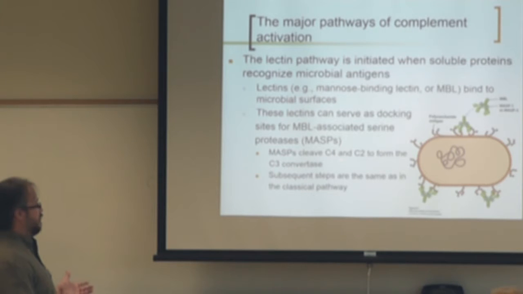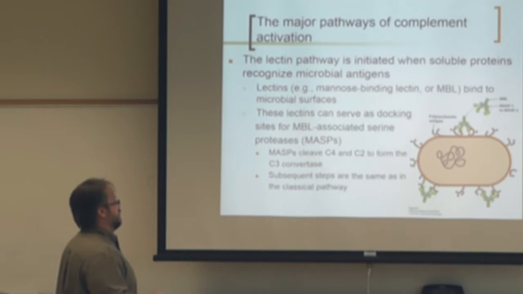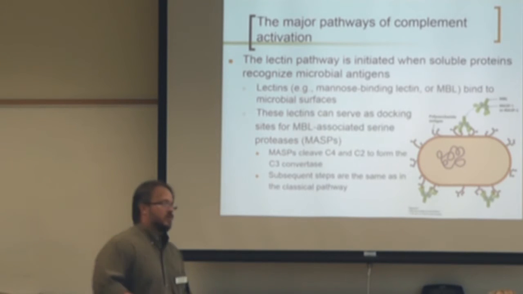C4b binds to the cell. It sticks to C2, converts C2 to C2a, and now you've got your C3 convertase. So there, you just learned another pathway, because the only difference is MBL is going to directly bind to sugars on the cell.